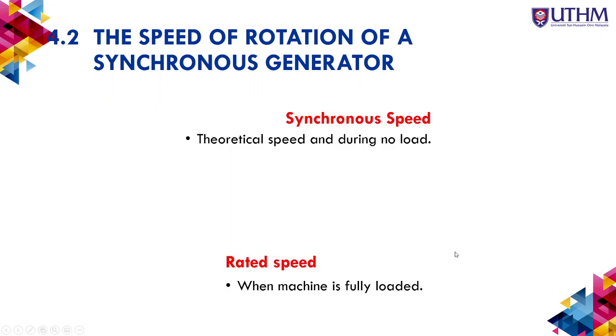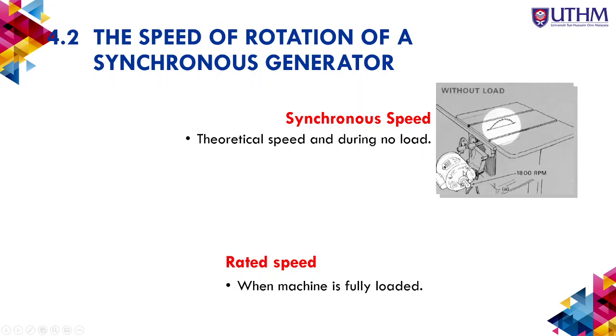There are 2 types of speed: no load speed and rated speed. No load speed means, for example, you have a motor and a blade, and you just turn it on. Once you turn on, the machine will rotate, and nothing touches the blade.